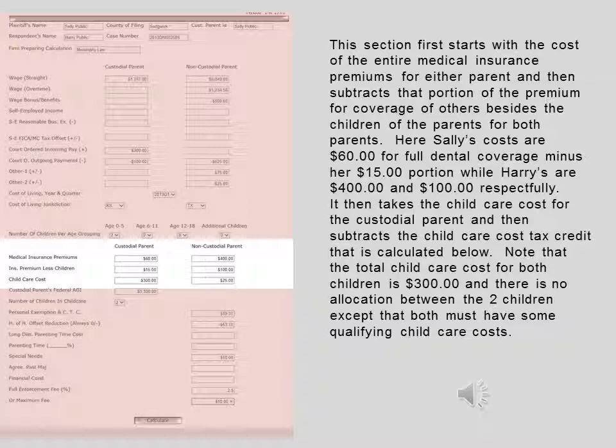Here, Sally's costs are $60 for full dental coverage minus her $15 portion, while Harry's are $400 and $100 respectively.